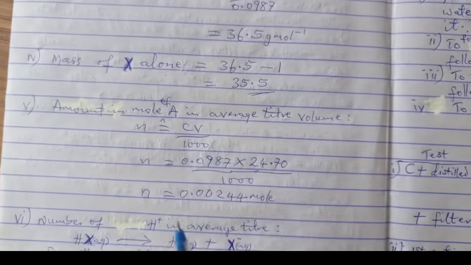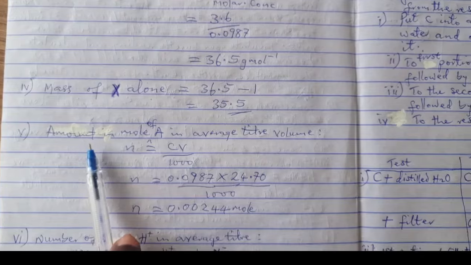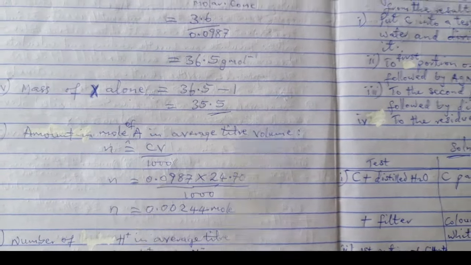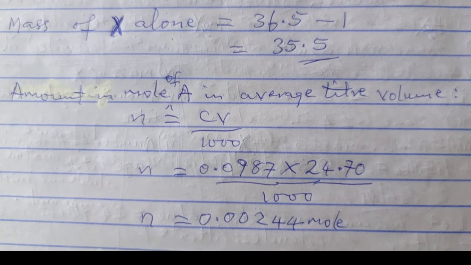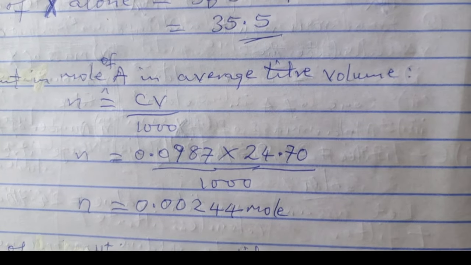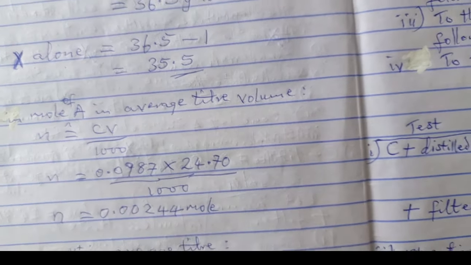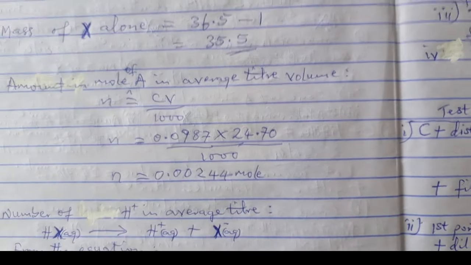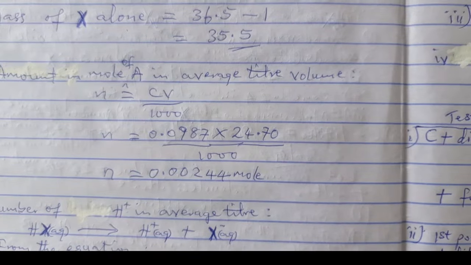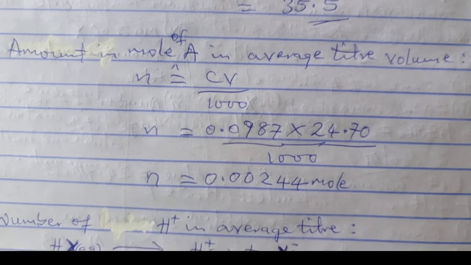Now, moving forward, the next question, they said we should calculate the amount in mole of A in average titer volume. How do you calculate the amount in mole? n equals CV all over 1000. n is the number of mole, C is concentration, V is volume, all over 1000.